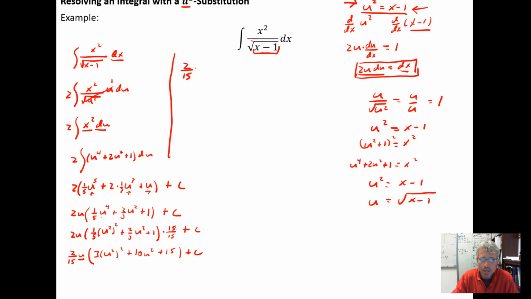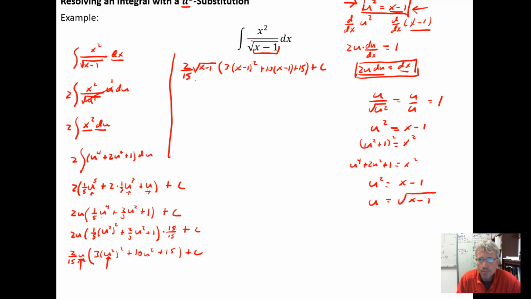So I'm just going to go 2/15 times u, but u is the square root of x minus 1, times 3 times u squared squared, so 3 times u squared, but u squared is just x minus 1, so 3 times x minus 1 squared, replacing the u squared here with the x minus 1, and then we get plus 10 times u squared, but u squared is just x minus 1, so it's 10 times x minus 1, plus the 15, close parentheses, plus the constant of integration.